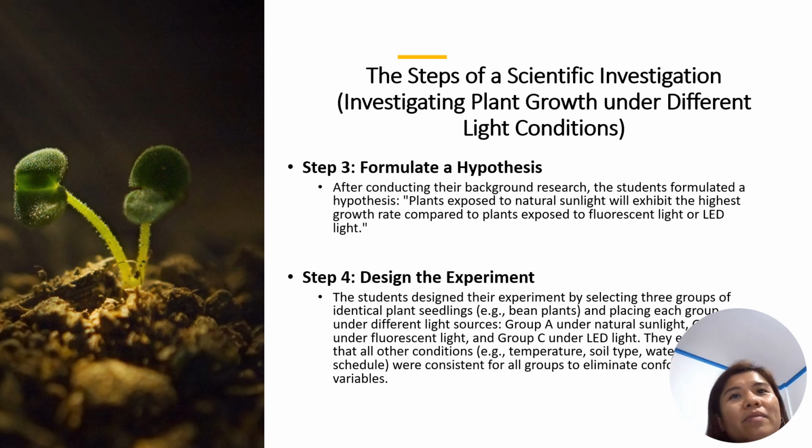No, that's the term. It should be fair test. Your experiment should be a fair one. Fair test, I mean. So ensuring that all the other variables are the same, no? The same. So that's step 4 example.